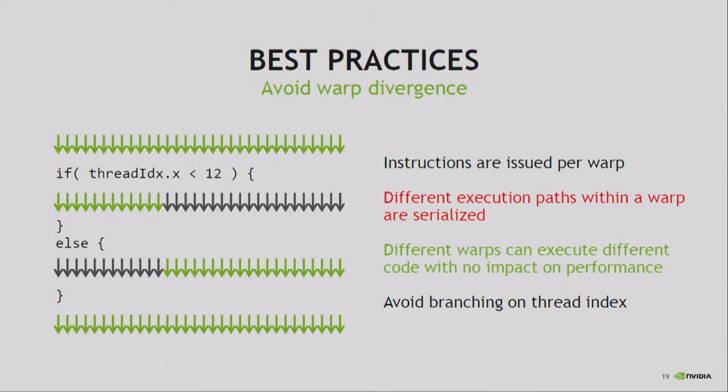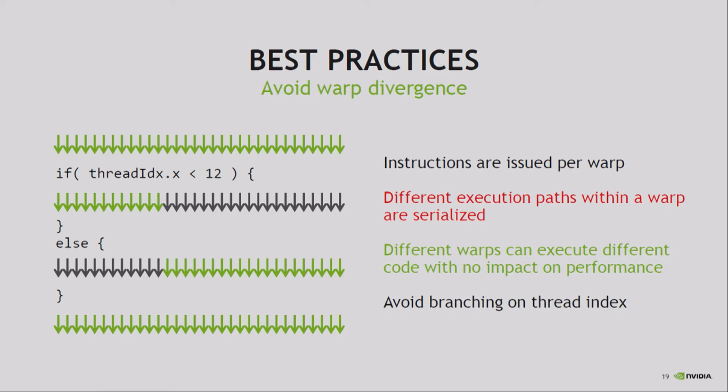So on GPUs, when we hit a conditional branch, and the threads in your warp need to follow different branches, first the first part of your warp will execute the first path, and the rest of the threads will be idle. Then the second part of the warp will execute the rest, and the first part will be idle. So all these branches are essentially serialized.